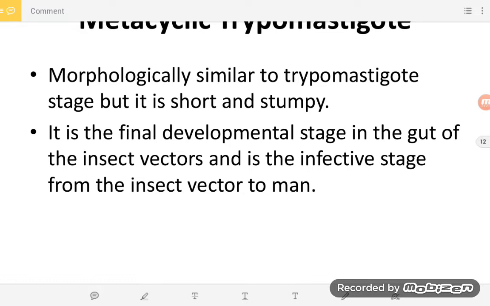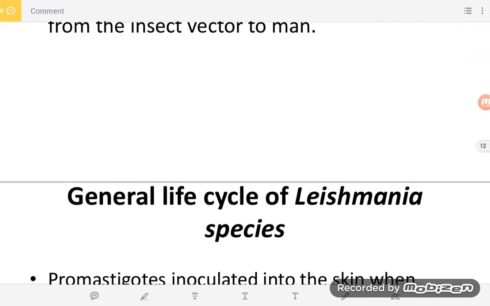So this is metacyclic. These forms are present in the insect vector. This is the final, fully developed stage. These are the forms transmitted from vector to human.